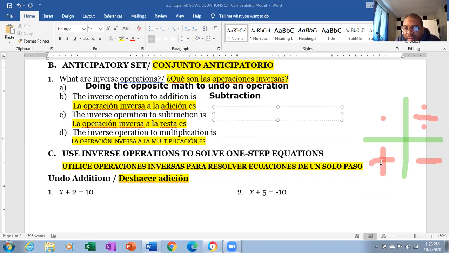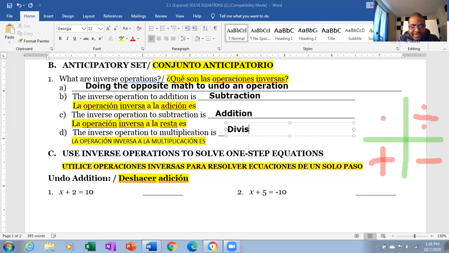What's the opposite of this? It's this. Good, good. All right, so addition, right. The inverse operation to multiplication. La operación inversa a la multiplicación es, I probably said that horribly.